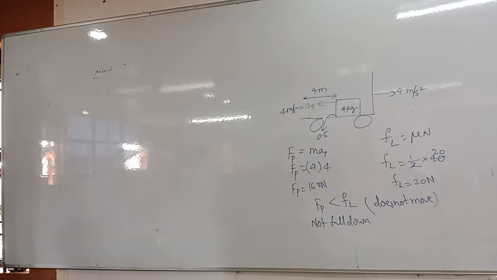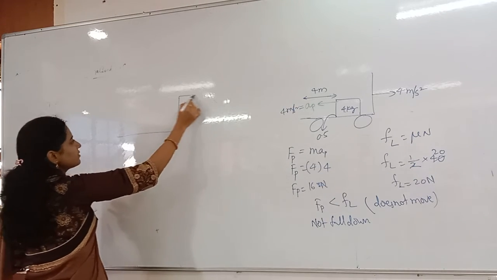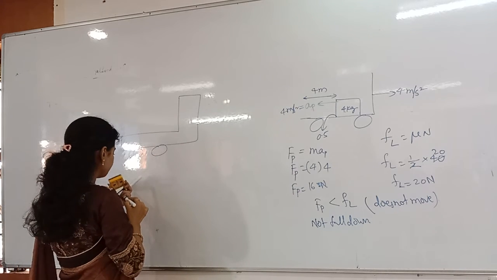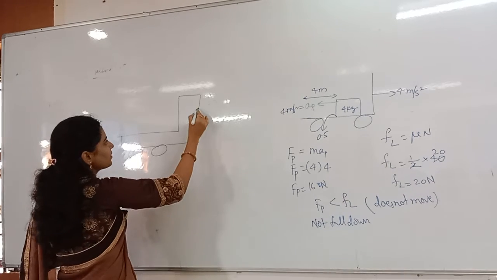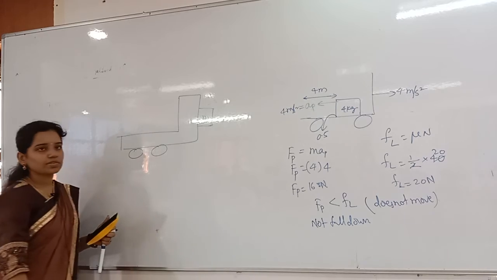See here, a block is placed at the front end of the truck. Now a block of mass m is placed here.